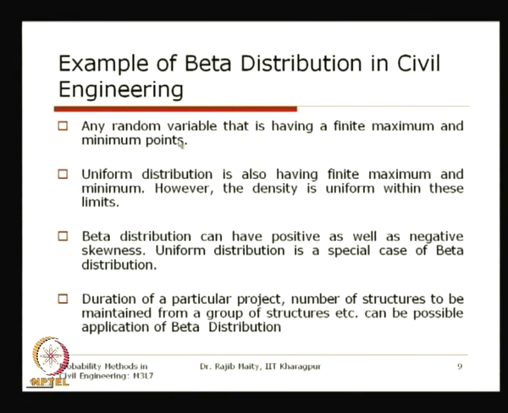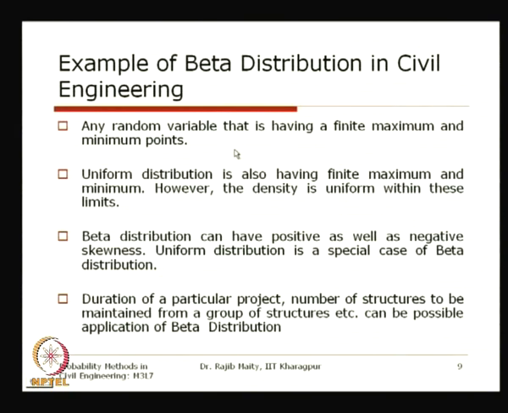Now some discussion on the beta distribution: any random variable that has finite maximum and minimum points can be modeled as a beta distribution. Uniform distribution also has a finite maximum and minimum, however the density is uniform within these limits.